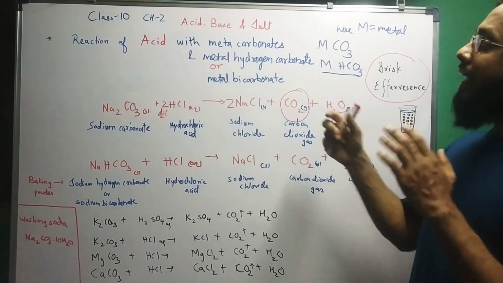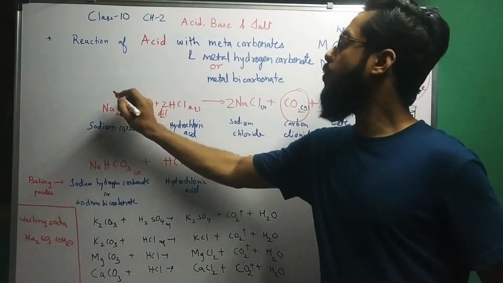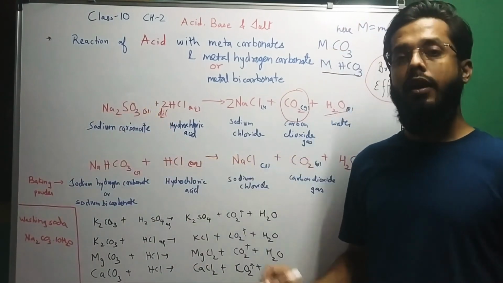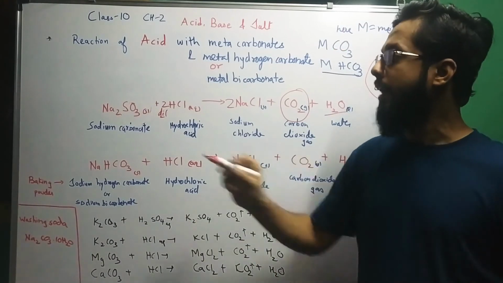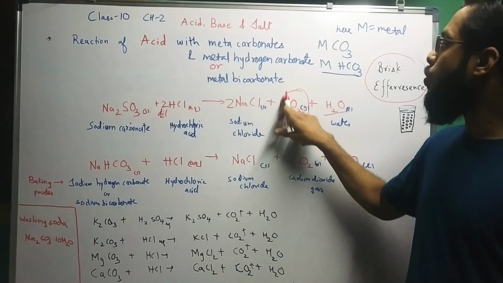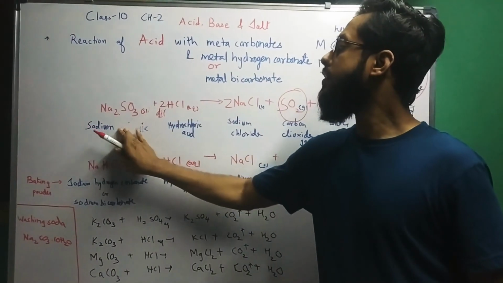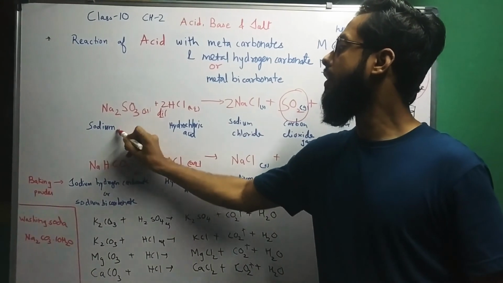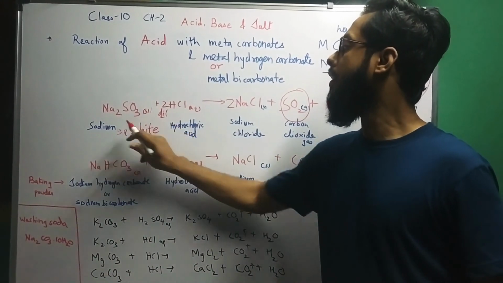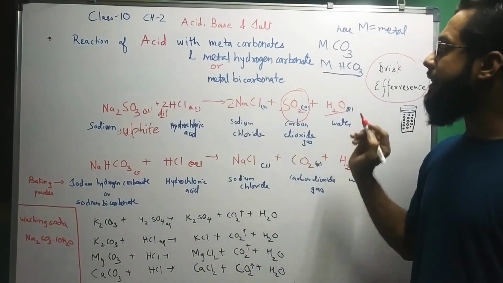Now you can even take the same example with sulfites. If you take sulfite, we can learn something new, which is actually the same. Na2SO3, you get SO2 gas. If you take sodium sulfite, the reaction occurs the same way.